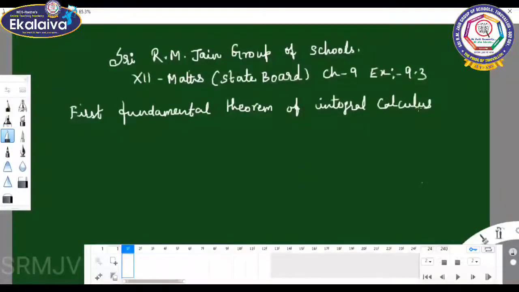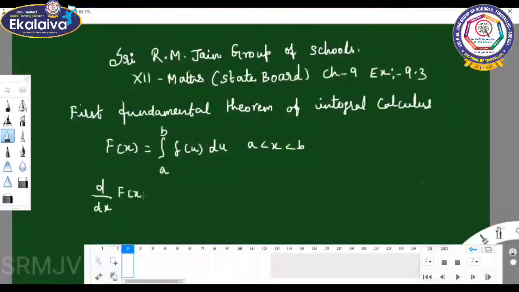If f of x is a continuous function defined on the closed interval a comma b, closed interval means we can take the end values also, and capital F of x equals integral a to x f of u du, where a is less than x less than b, then the derivative d by dx of capital F of x equals small f of x.